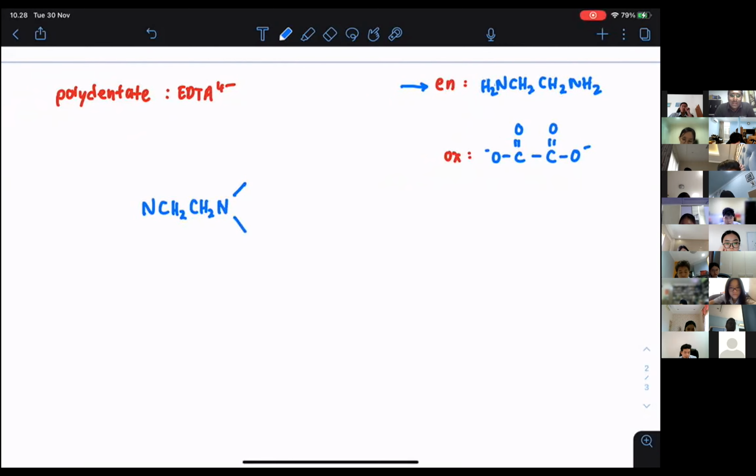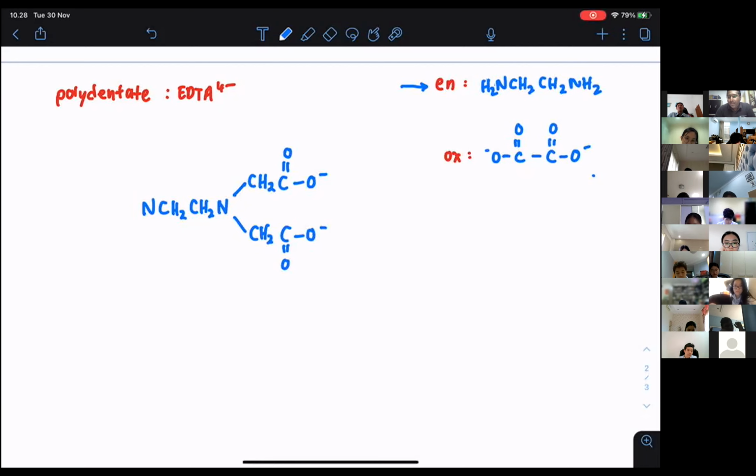They will have CH2 over there, and they will have C double bond O, O minus, something similar to OX. And then CH2 here, C double bond O, O minus.